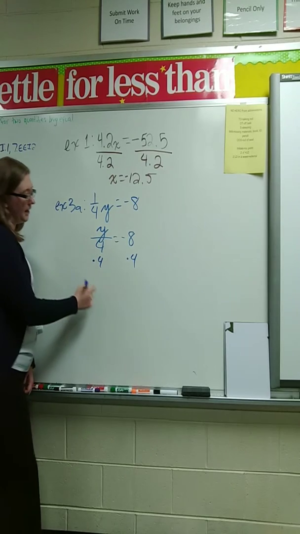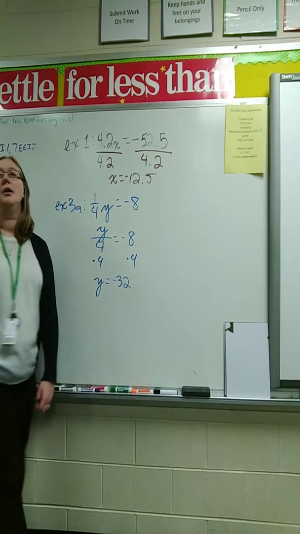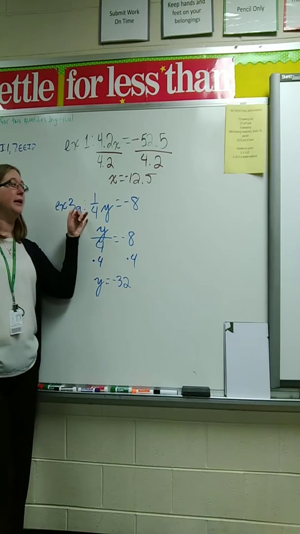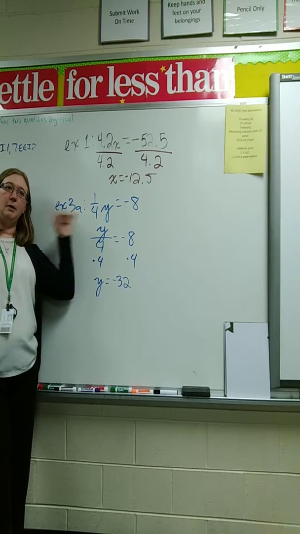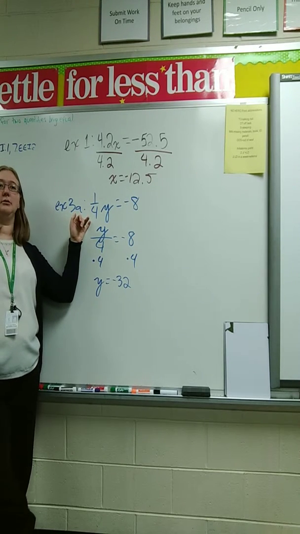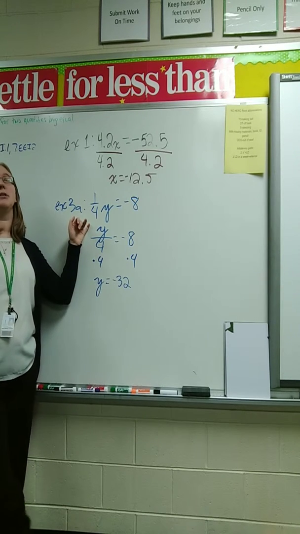Then my 4's would cancel, and I'll be left with y equals negative 32. However, if we left this as 1/4 y, would we multiply by 1/4 still? No, what would we do? We'd multiply by the inverse.